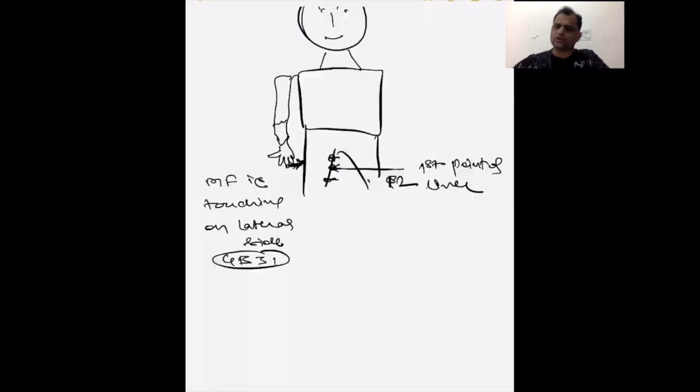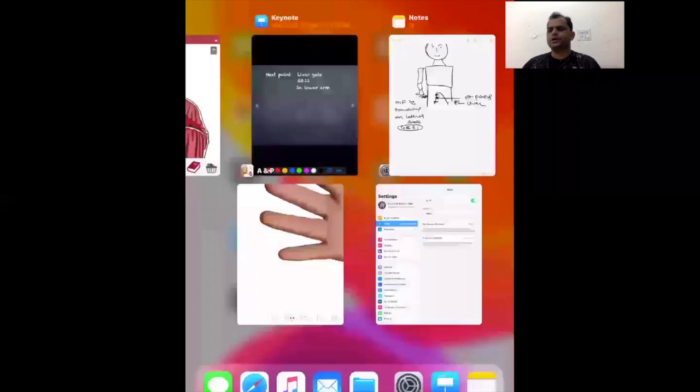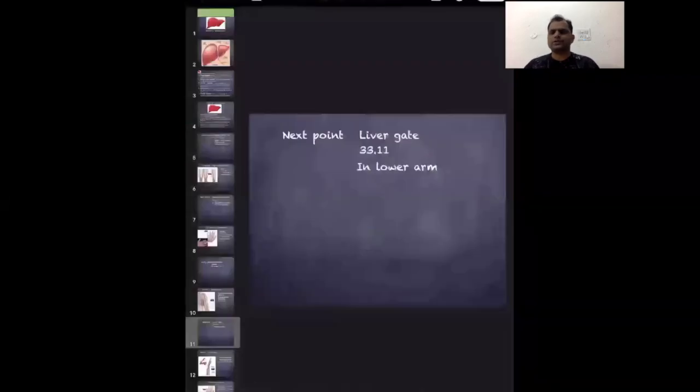So I was telling you the next point. The name of the next point is liver gate. Liver gate point is a very famous point of the liver.